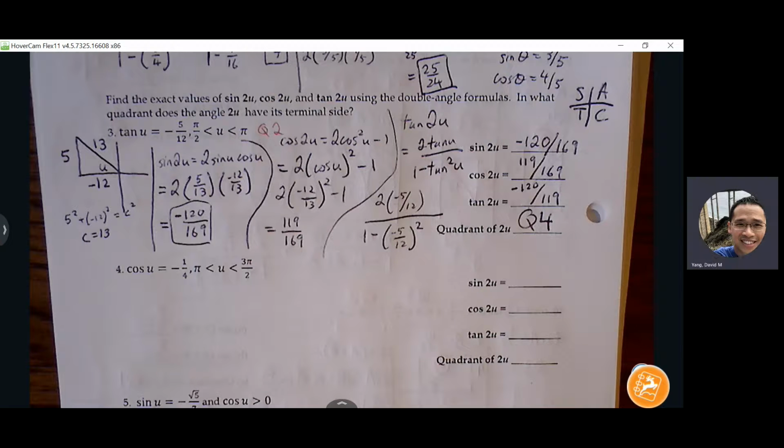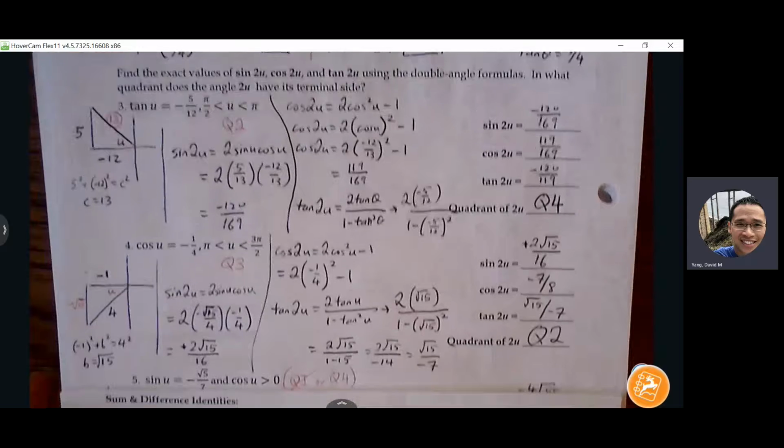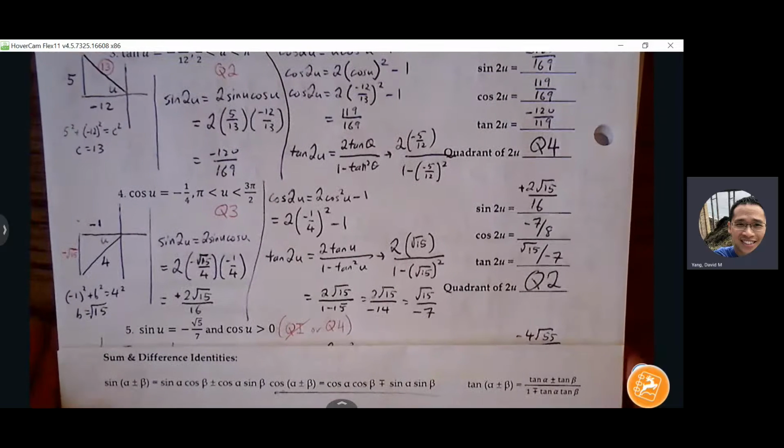Did you put 2 times negative root of 4? Times negative 1. 2 root 15 over 16.